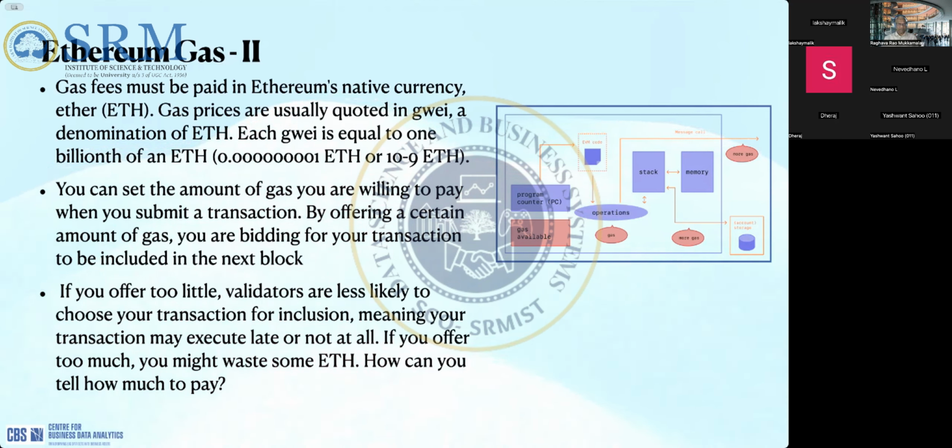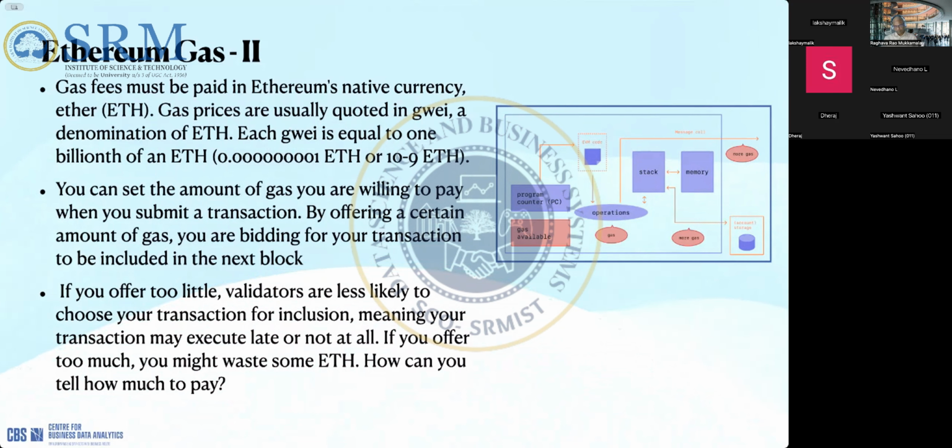So they might choose to ignore your transaction and go for a transaction which is more profitable to them, which has much more tip or priority fee. Those transactions will be picked up and put into the block.